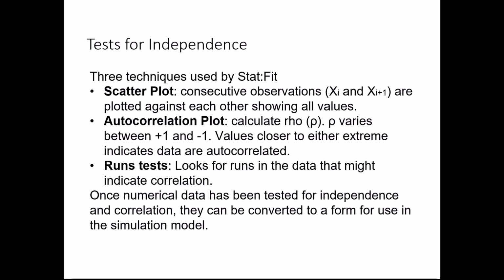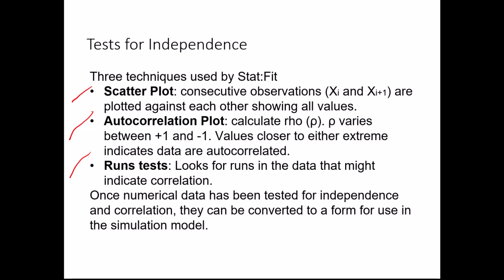For the test for independence, we're going to use the scatter plot. When I use the autocorrelation chart and the run test, I don't usually use it too much, but this is more of a run chart that also tells you if your data is independent.